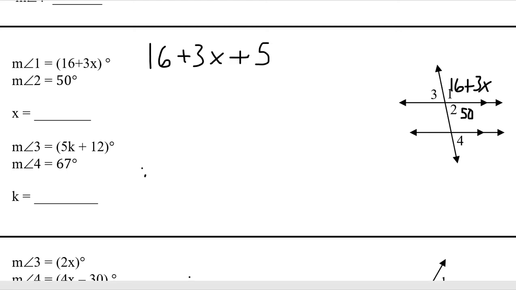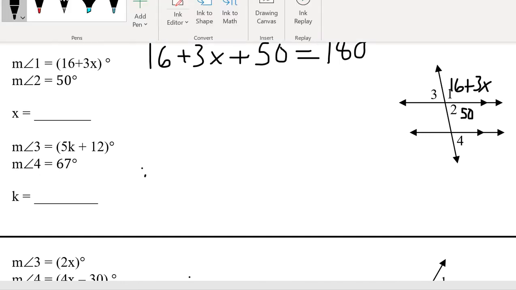I'm going to add the 2 angles together, and they are going to equal 180. This plus this is equal to 180. You're going to set them equal. So we're now going to combine like terms.